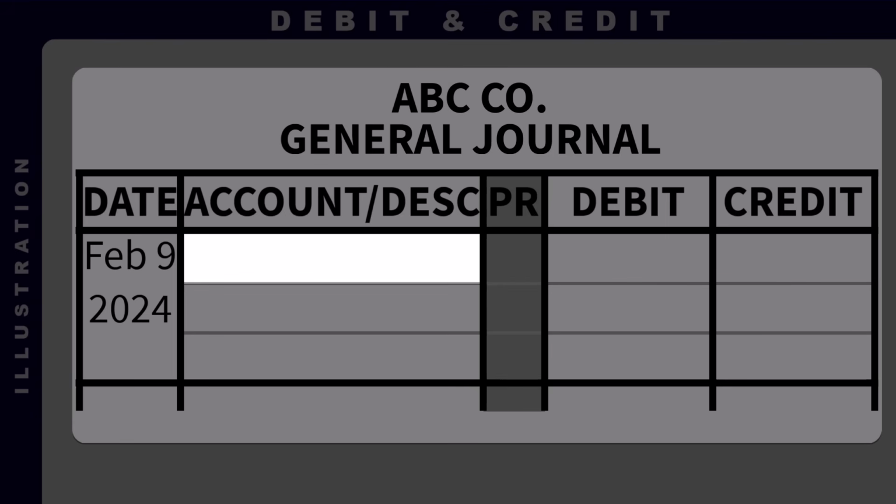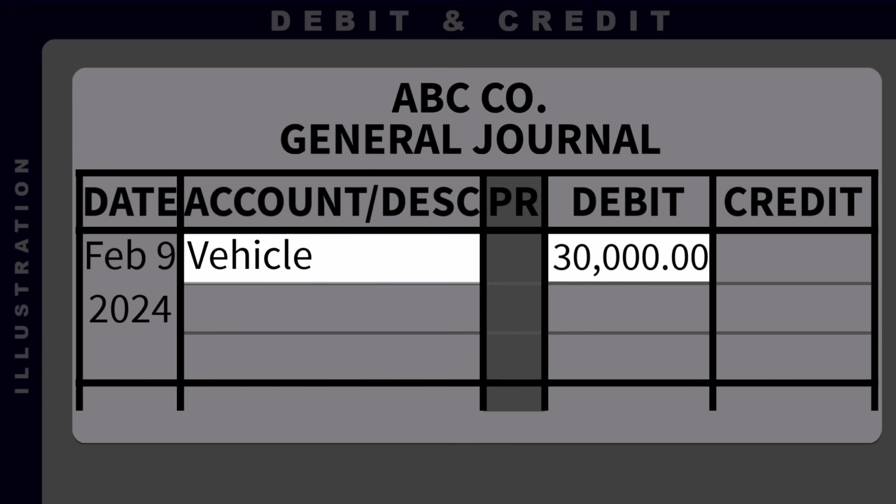So we enter the name of the account here, that is vehicle, and on the debit side, right on the vehicle line, we enter the acquisition cost, that is the purchase price. Other costs like shipping cost and commission, if applicable, are added to the cost of the vehicle when recording. But we're not worried about that for now. So we enter the purchase price on the debit side right on the vehicle line.